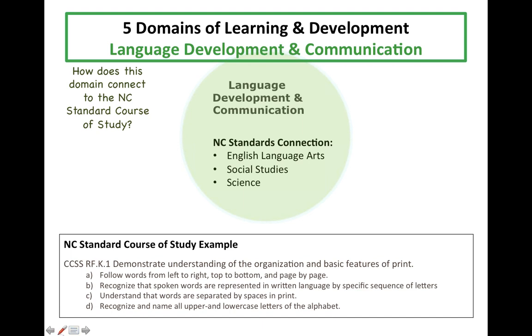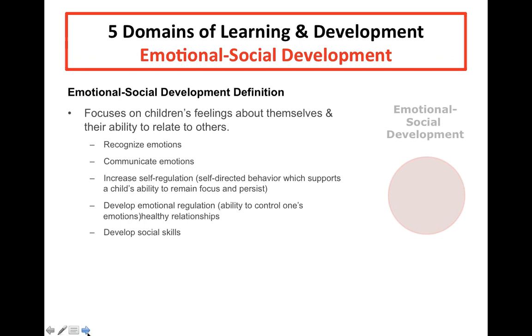So students need to demonstrate understanding of the organization and basic features of print. So again, you see that the North Carolina Standard Course of Study is written to support the language development and communication domain.